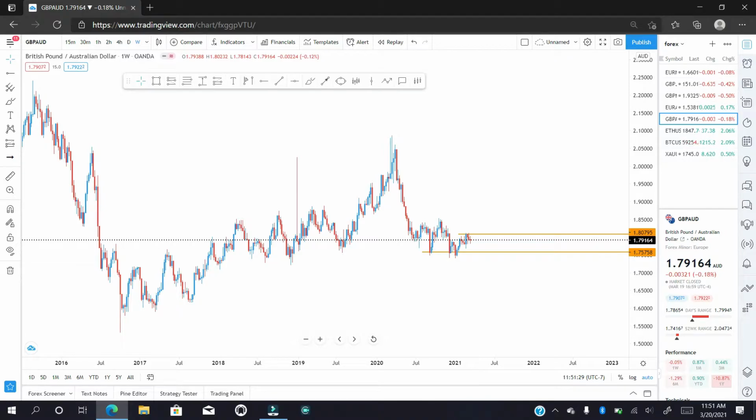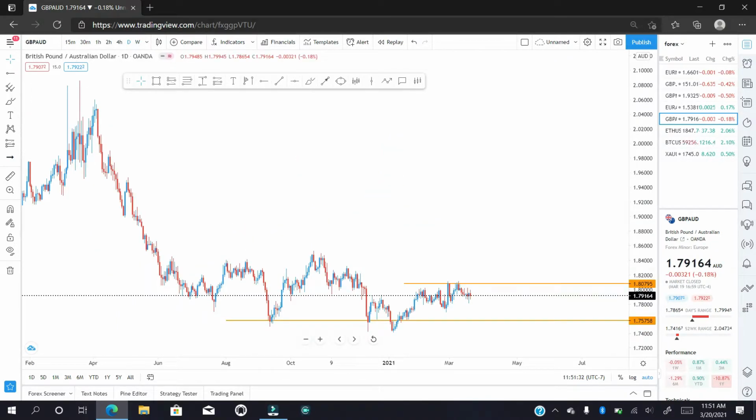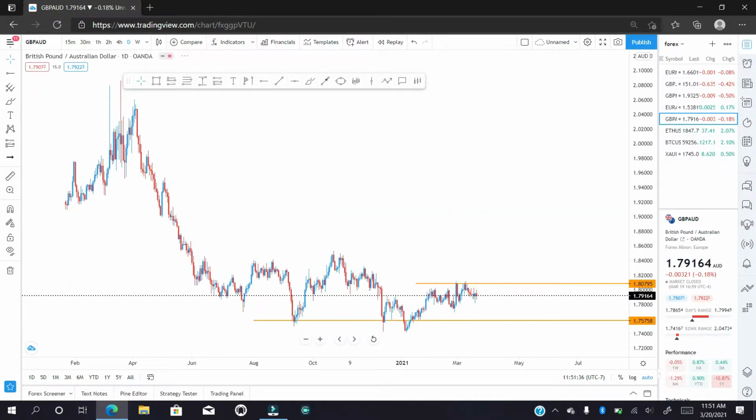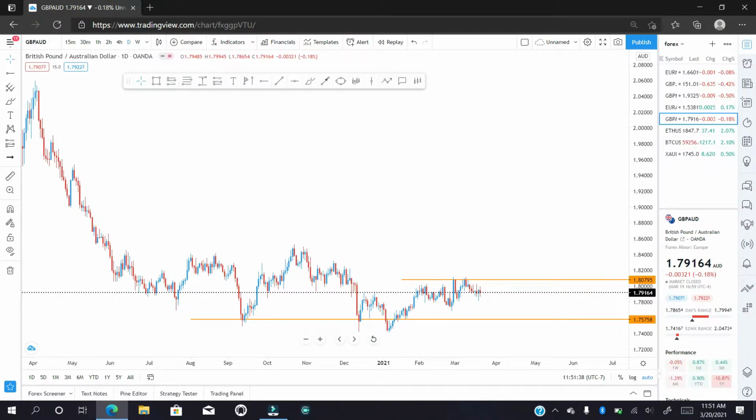After that, I go down to the daily time frame, and on the daily time frame, as you can see here, I also look for potential zones of supply and demand.